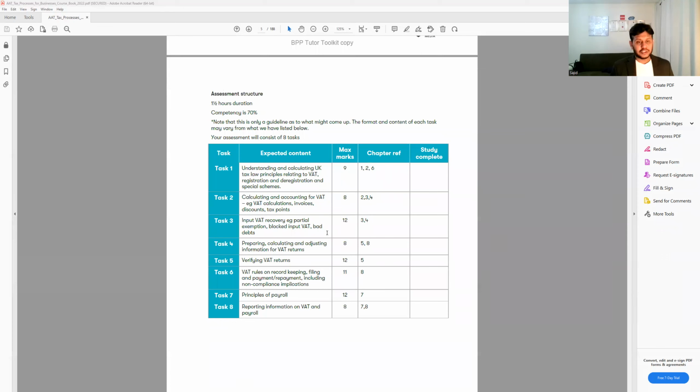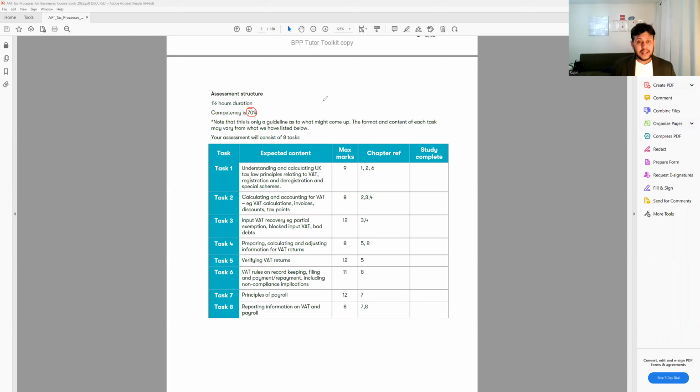So the assessment structure: we have a 1.5 hour exam, and the competency level is 70%. Every single AAT exam we do, level 2, level 3, level 4, has a competency level of 70%. So we have to score 70% to pass the exam. It is not necessary that you get 70 marks, but you have to get 70%. What is the difference between these two? Not every single exam in AAT is 100 marks.